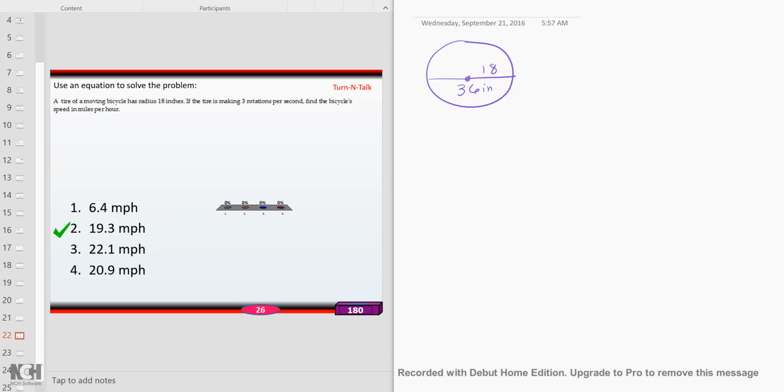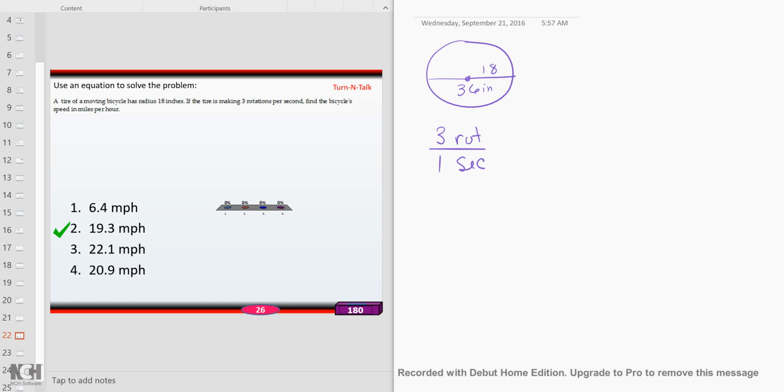It says a tire of a moving bicycle has a radius of 18 inches. If the tire is making, oh, they're going backwards, so you're going 3 rotations per 1 second. They want to know the bicycle speed in miles per hour, so I'm literally going to go backwards.